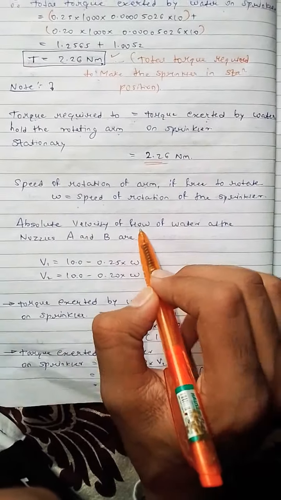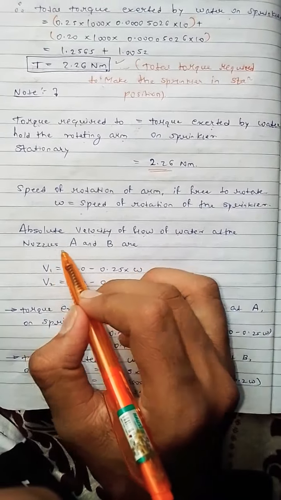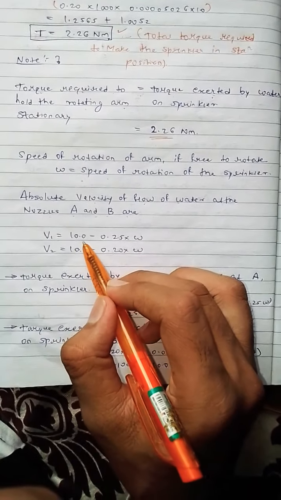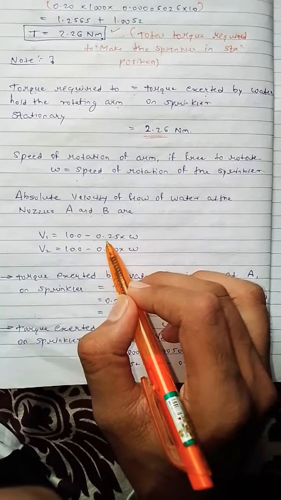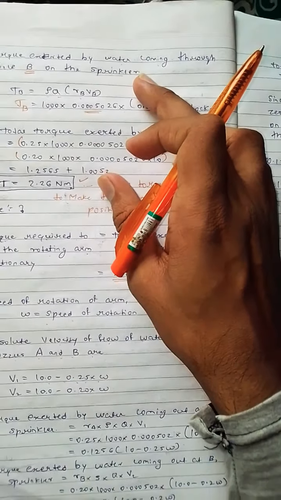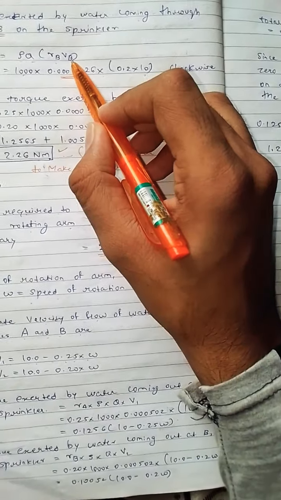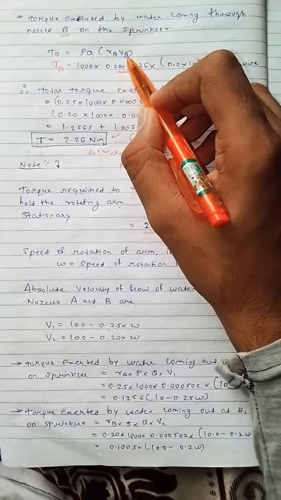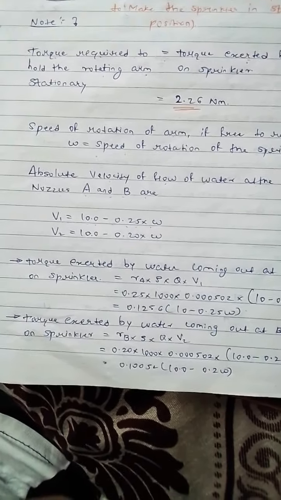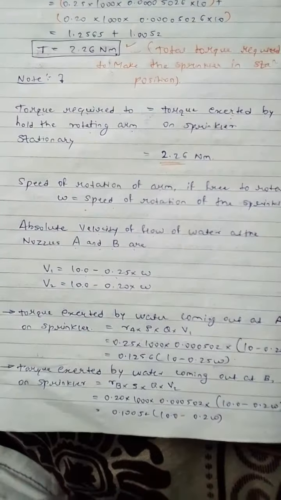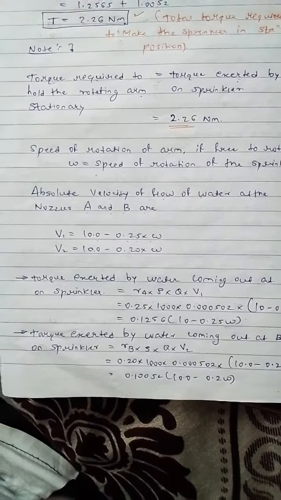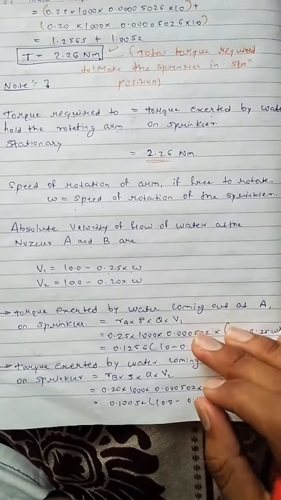So the absolute velocity of flow of water at the nozzles A and B is V1 equals 10 minus 0.25 omega RA. For the first part, we have taken V as the direct term. But if we have to calculate the value of omega, we have to make it absolute. So in the first part we assumed that the given velocity is the absolute velocity. So better understand the difference.